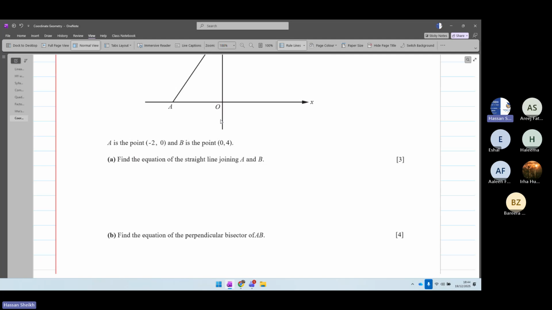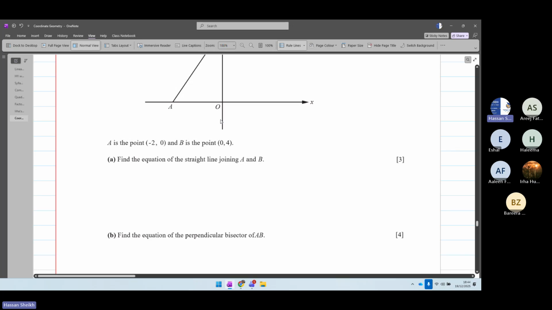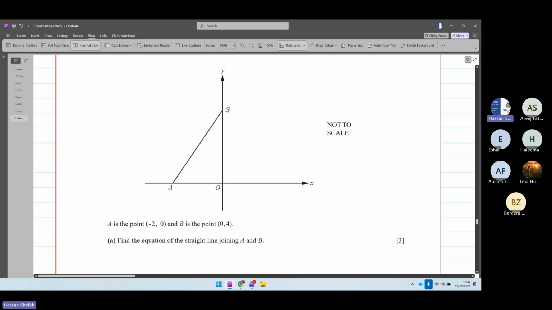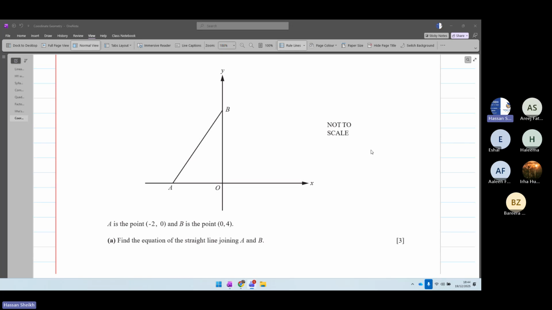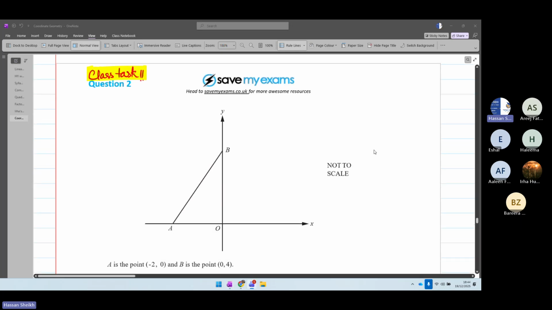Just memorize the formulas and go with the flow. You don't need to worry about getting things wrong if you have good fundamental concepts and have attended my class with focus. Now let's start with question number 2.